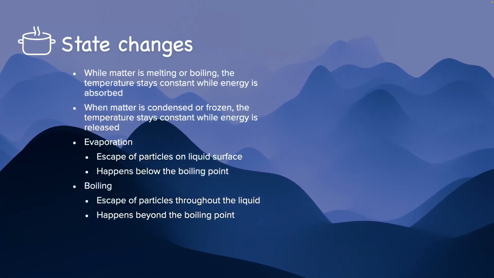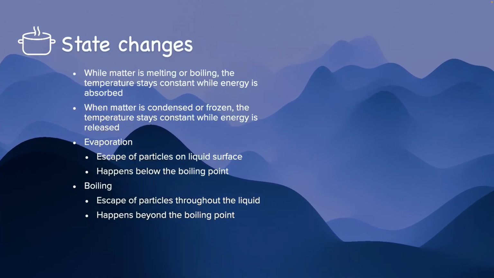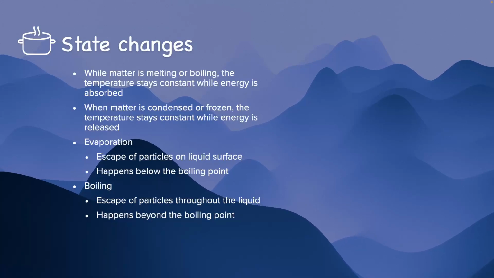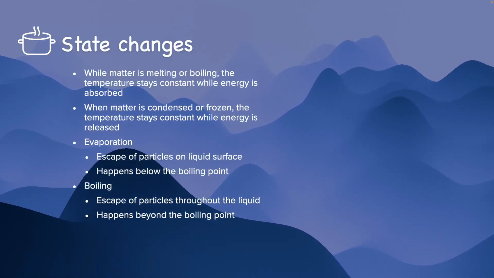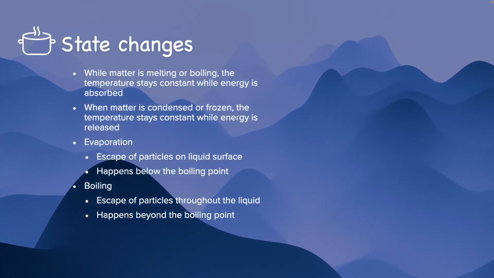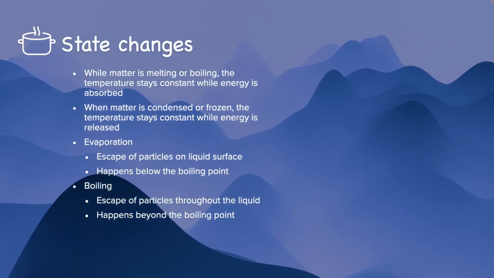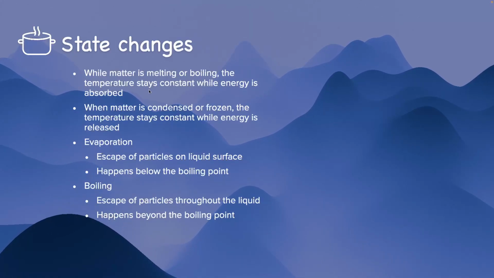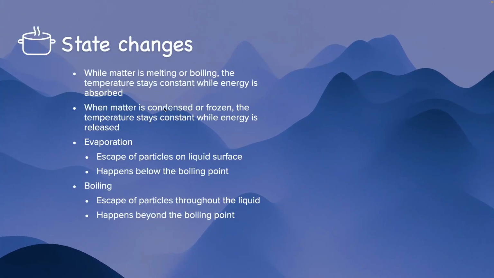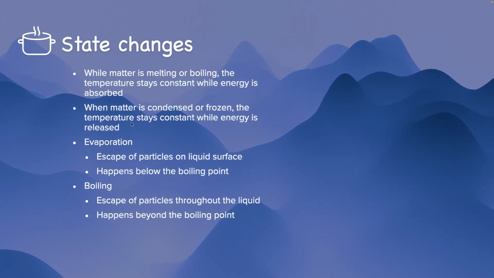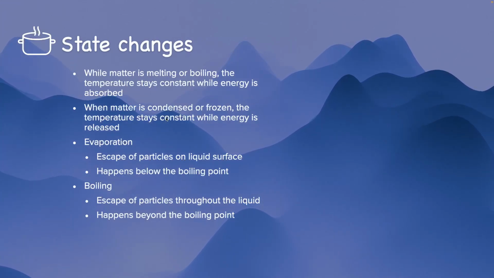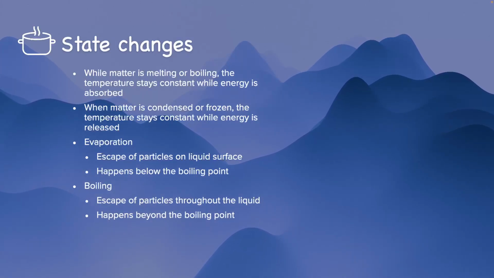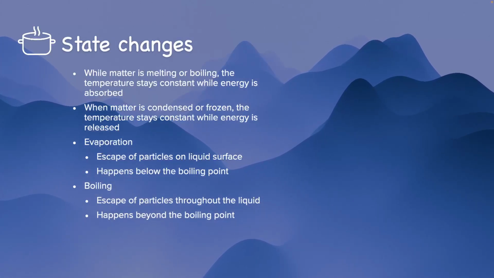For example, if you're boiling water on a stove, when the water reaches the temperature of 100 degrees Celsius, the particles of the water will convert to gas, but the temperature during this change of state will always be 100 degrees Celsius. This also stands true for condensation or freezing, which is when the temperature stays constant when energy is released. So a melting ice cube will have a constant temperature of 0 degrees Celsius.